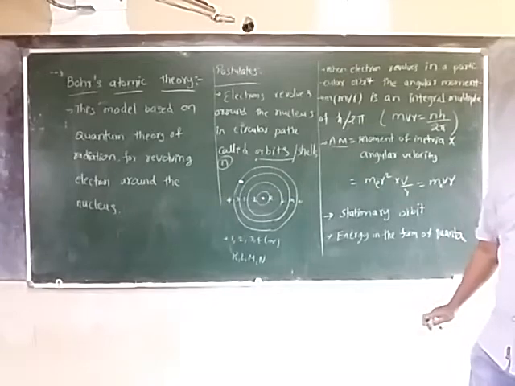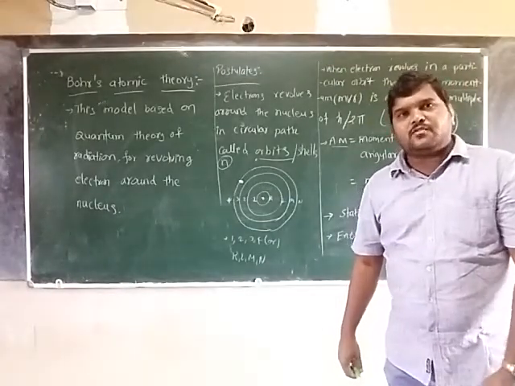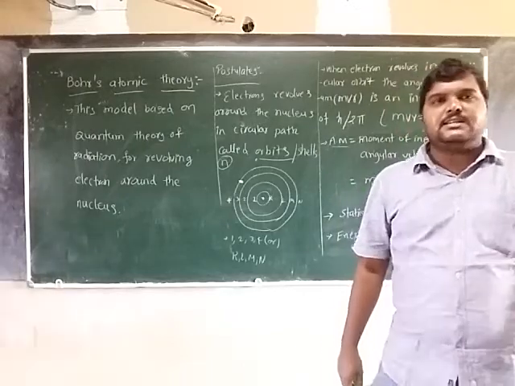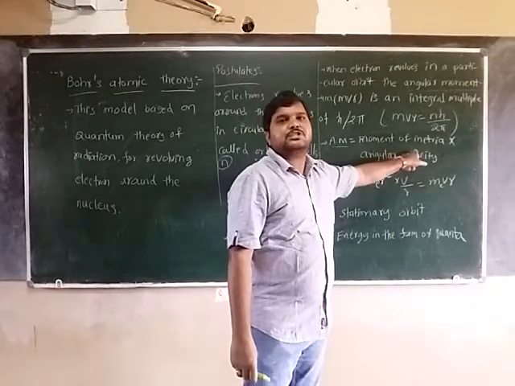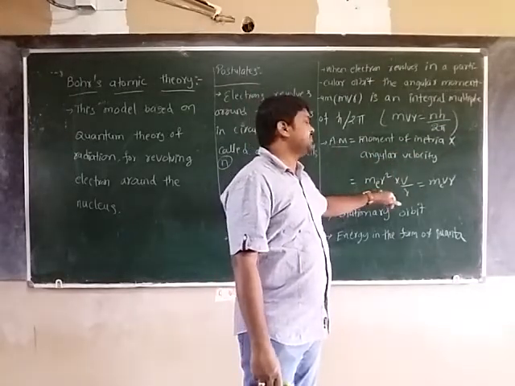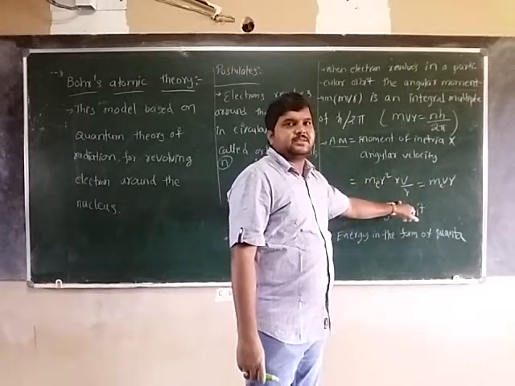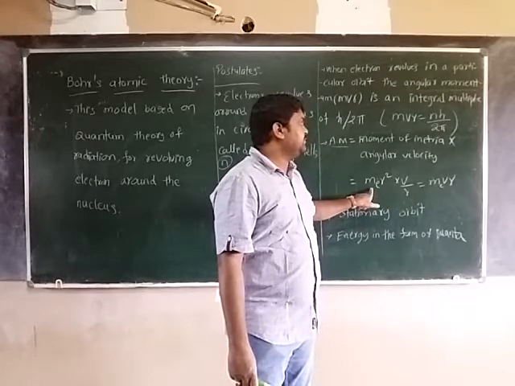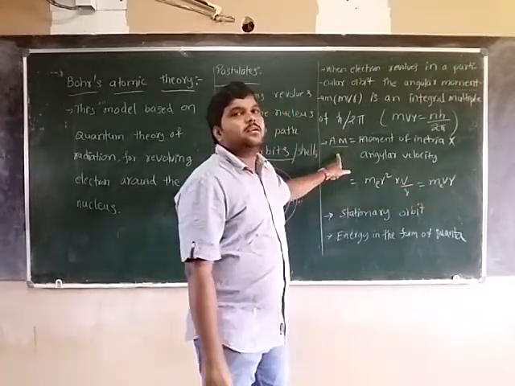Angular momentum is the product of moment of inertia and angular velocity, that is mr square, mass of the electron, r square into v by r, the angular velocity. The product of moment of inertia and angular velocity is called angular momentum.